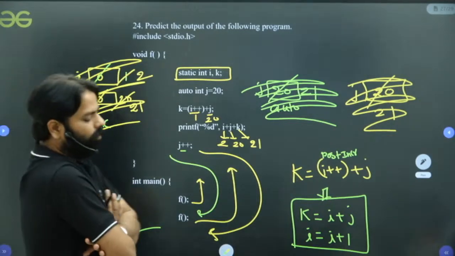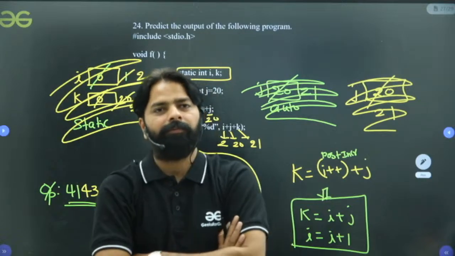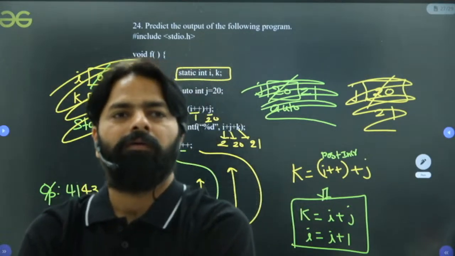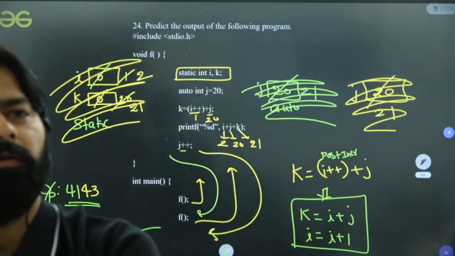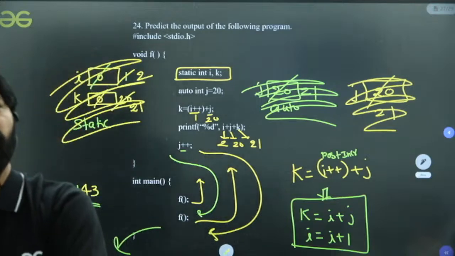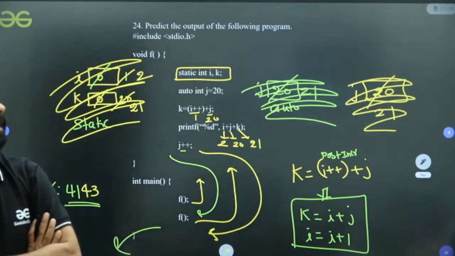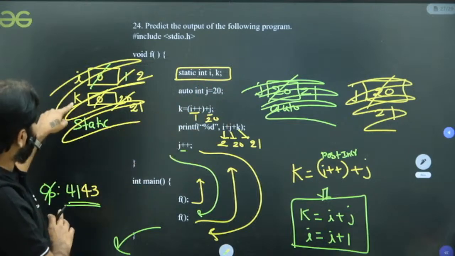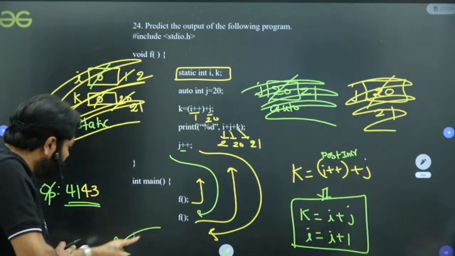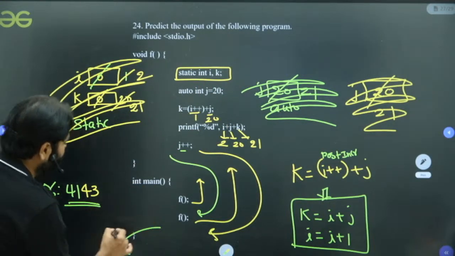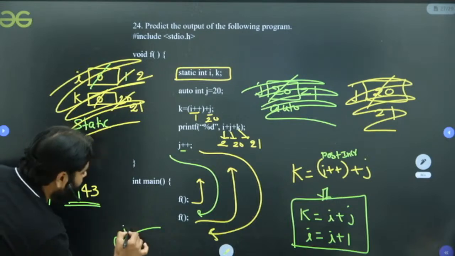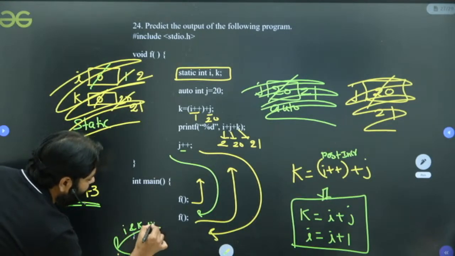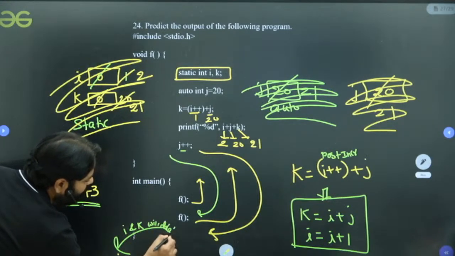i is not a global variable, it is a static variable. Static will not be deleted, j will be deleted. I am deleting j, not i. i and k will be deleted only when you are terminating the program.